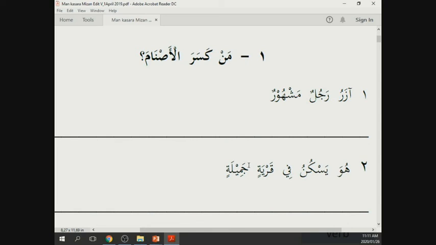Didn't you see, like, in the title was Man Kasar al-Asnama, al-Asnama, and over here you had Asnaman. You see that? What is the difference? The one I said, who broke the idols, and here it was what? He makes idols. Like, one is definite, one is indefinite. Okay, good.